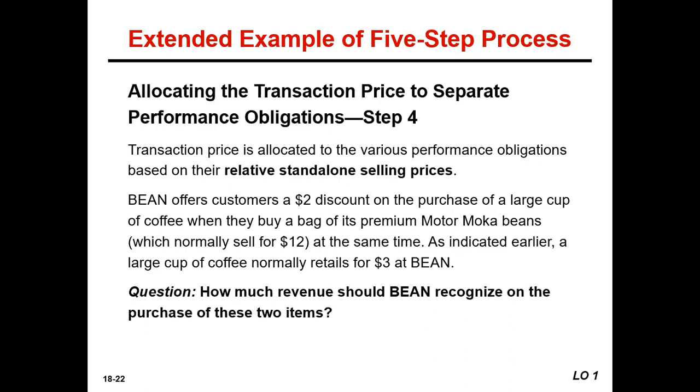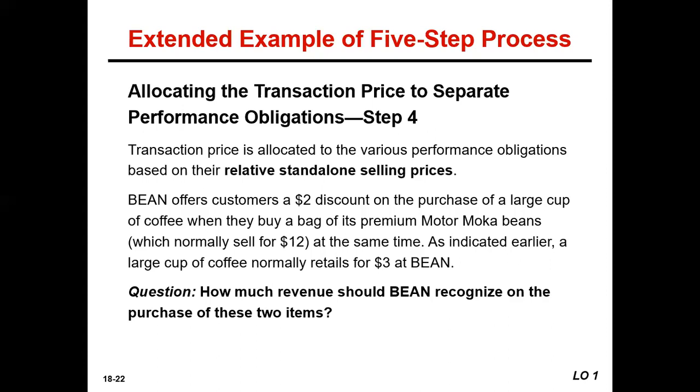Just like here, it offers customers a $2 discount on the purchase of a large cup of coffee when they buy a bag of its premium mocha beans, which normally sells for 12. As indicated earlier, a large cup of coffee normally retails for 3 at the coffee shop.